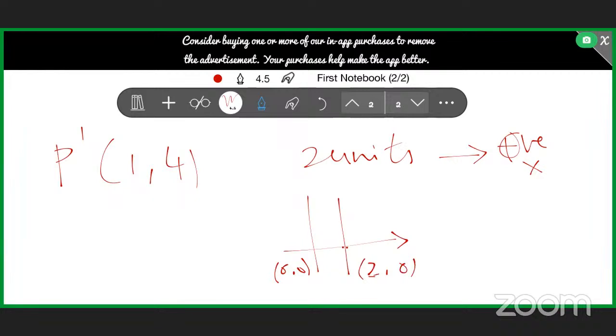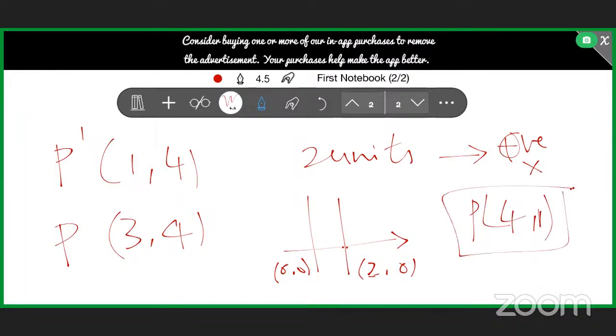X plus h: 1 plus 2 is 3, 4 plus 0 is 4. So the point (4, 1) becomes (3, 4) after the two transformations. Is this clear how we got (3, 4)?